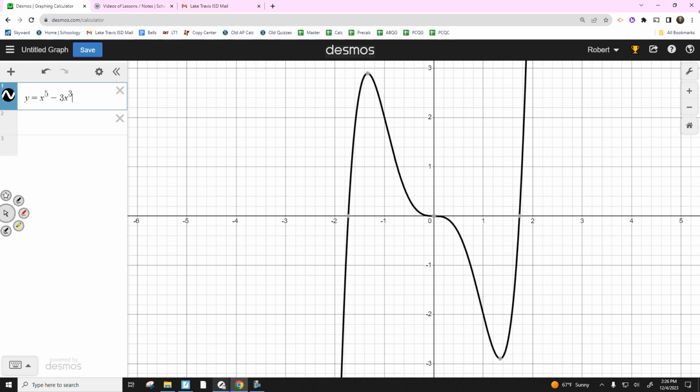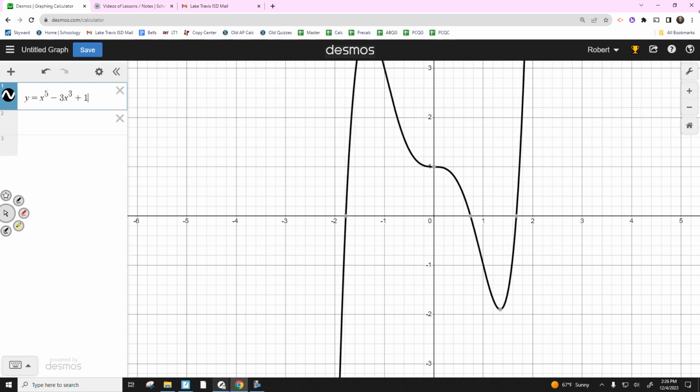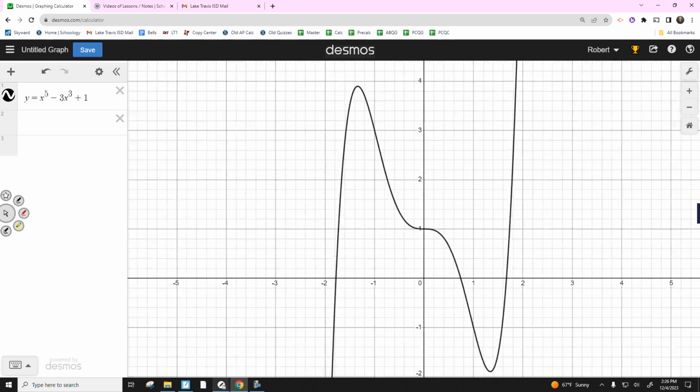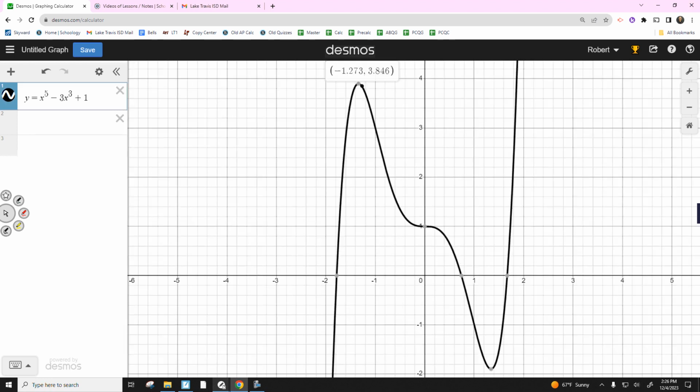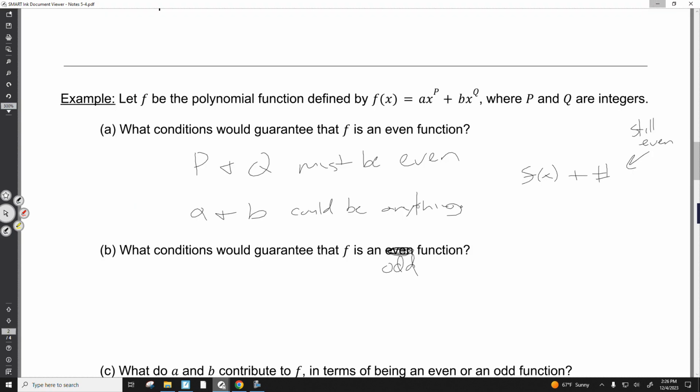If you shift this point up and this point up, are you still going to have opposite x's and y's? No, definitely not. Look, now we have 3.898 as the y. This is not 3.898. This is negative 1.898. So we're allowed to shift even functions up. We are not allowed to shift odd.